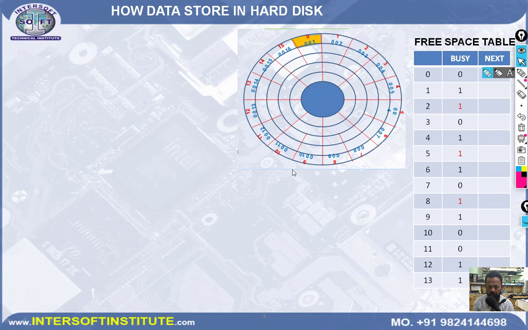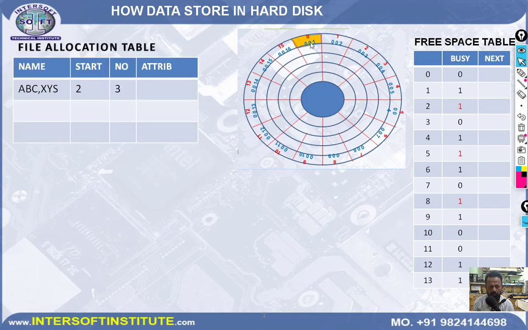Second, we will write one file, abc.xyz. We have created one file. This is our new hard disk. There is no data, and we created one file, abc.xyz. First of all, we explain what sectors are and where abc starts.